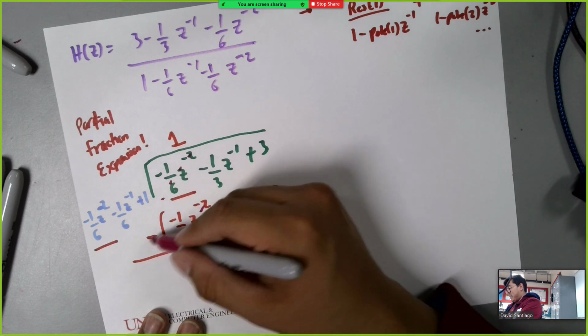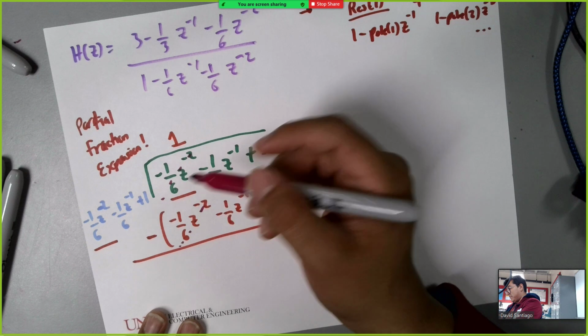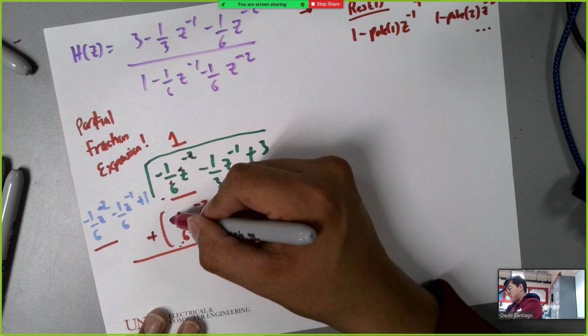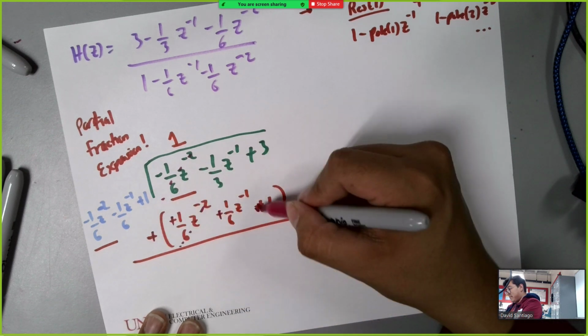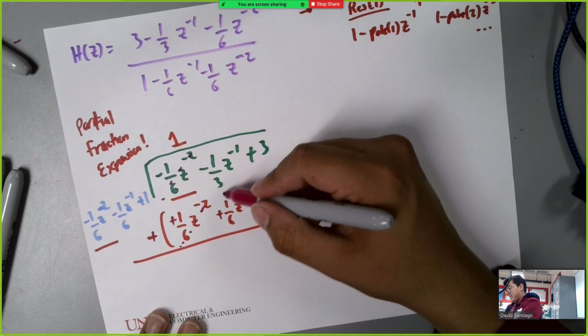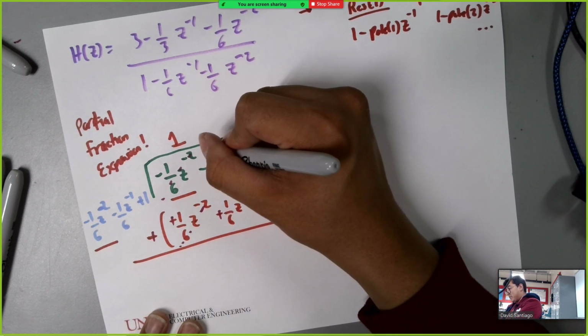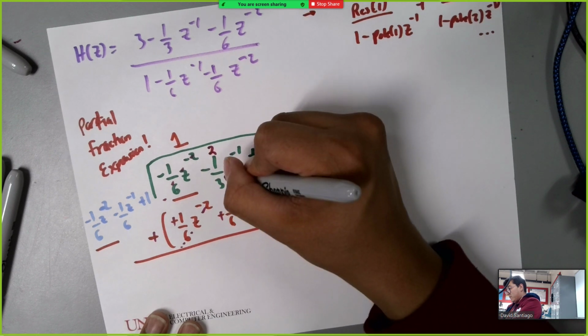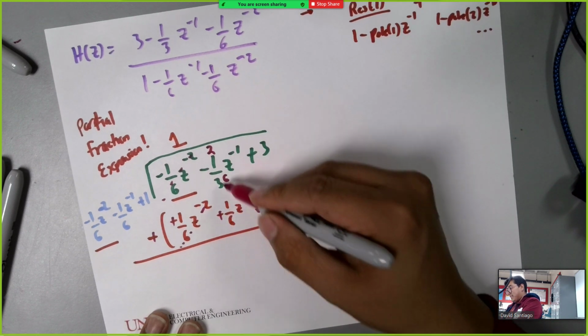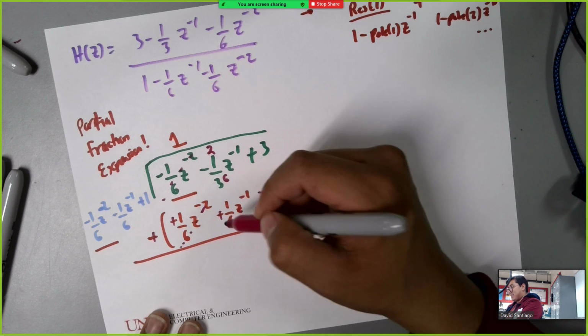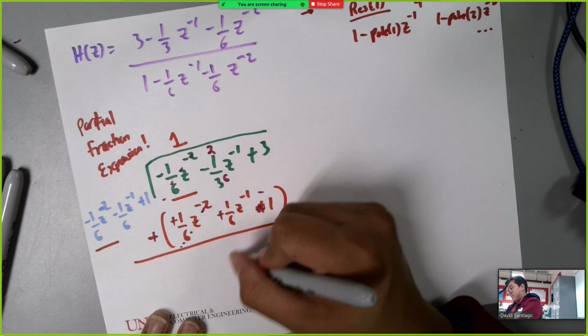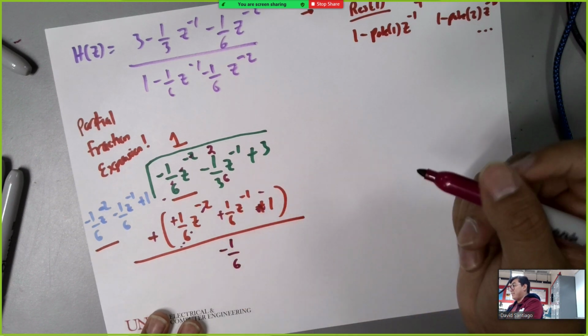And then this becomes, if we do it, plus, plus, plus, minus. So this right here is 1 over 6, and I'm going to rewrite it as 2 over 6. So that means minus 2 over 6 plus 1 over 6 is going to give us minus 1 over 6.